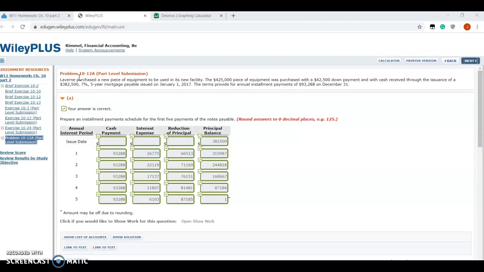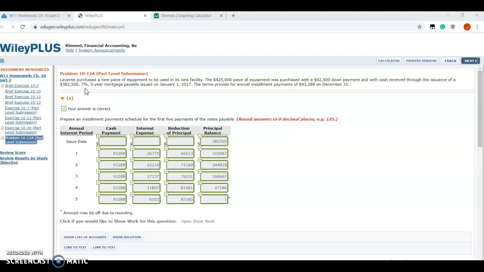So we're going to take that $382,500 and put it over here in our principal balance of the issue date, because that's what we gave as payment for this piece of equipment on the day that we purchased it.